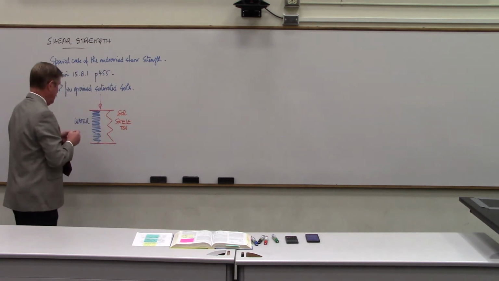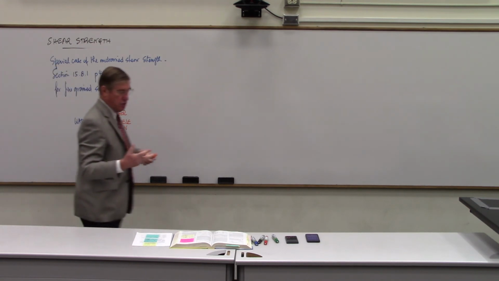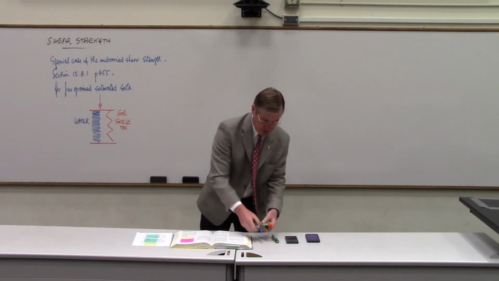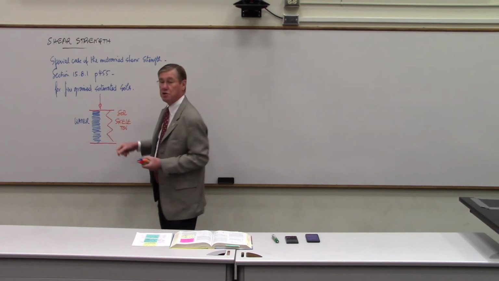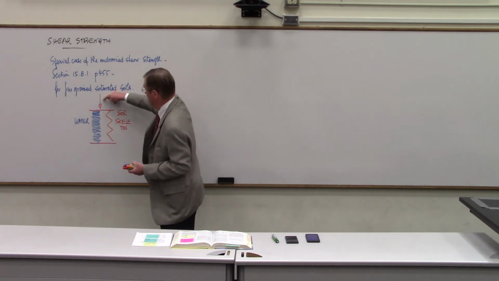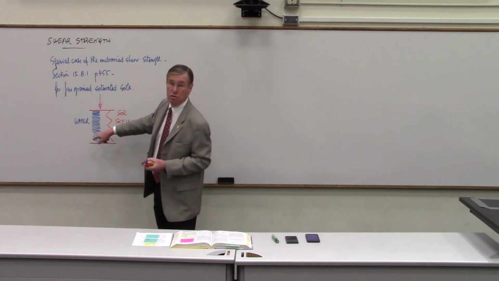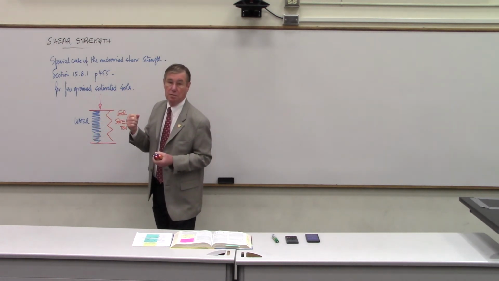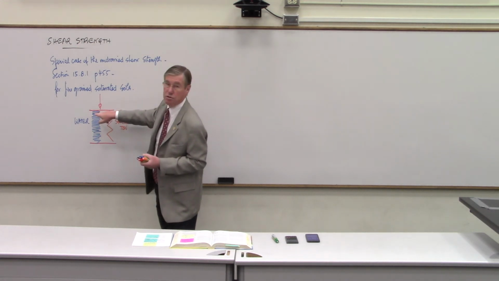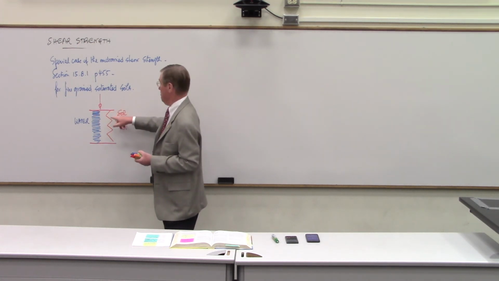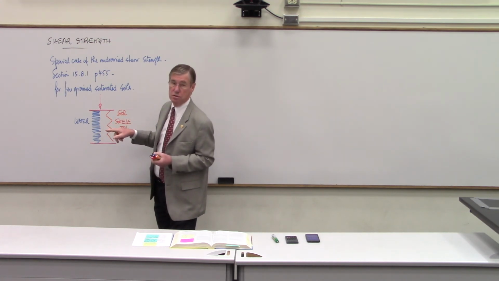Okay? So if you apply a load to this system, you have a stiff spring and a weak spring. If you apply that load, most of the load will be carried by the stiff spring, because whatever deflection you have, the stiffness is such that a lot of the load will go to the blue spring, and very little load will go to the soil skeleton.